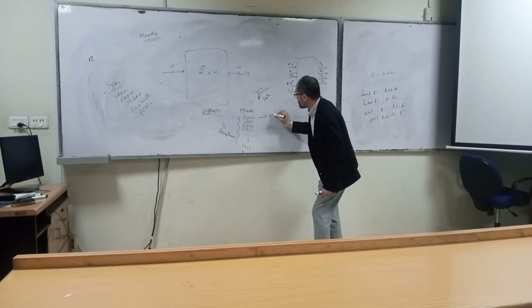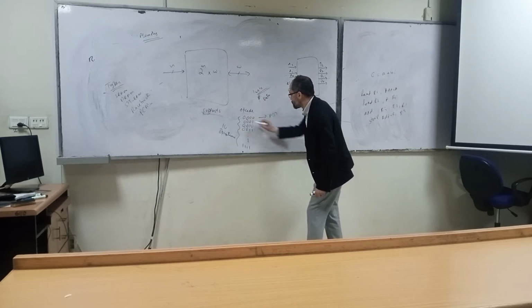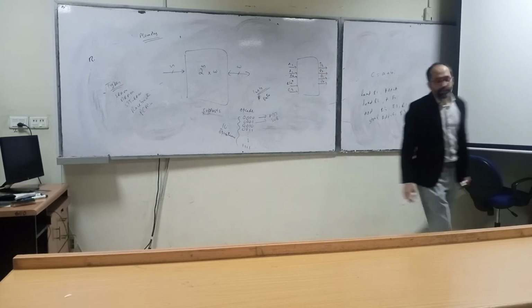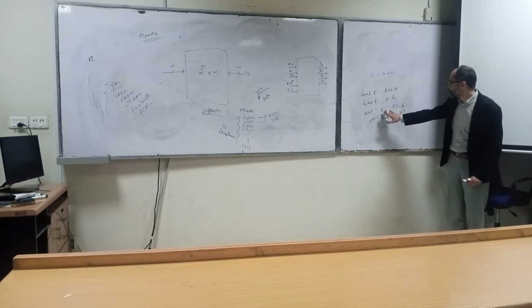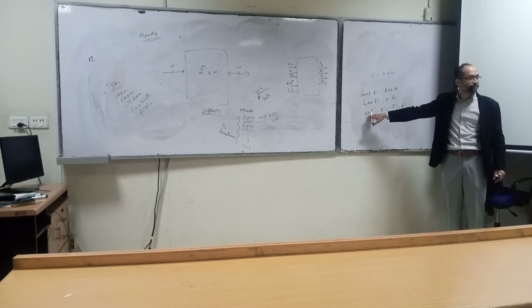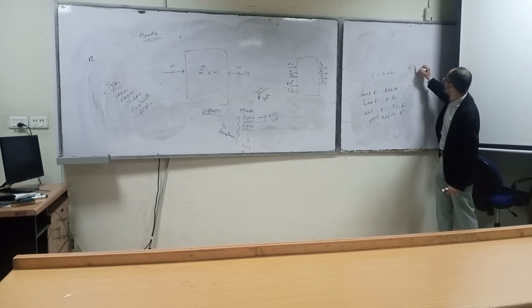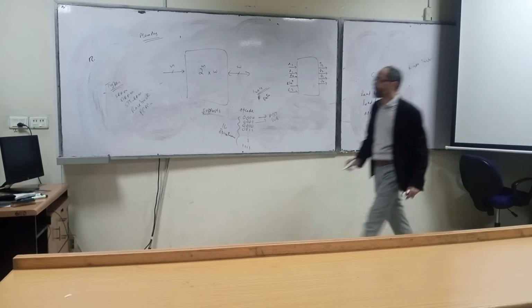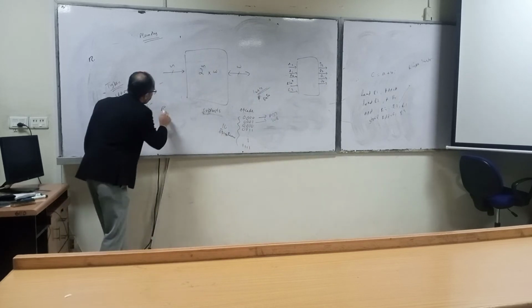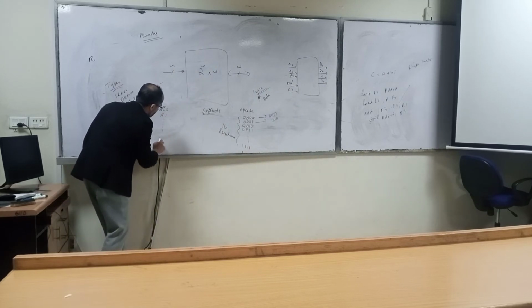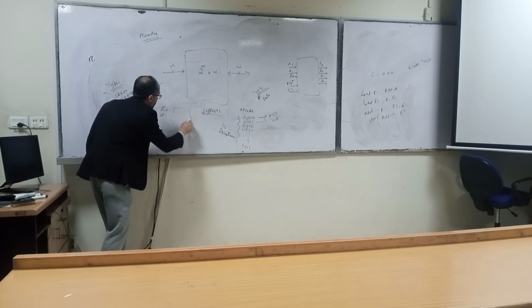The opcode of add is 0000, and let's assume the opcode of subtract is SUB. This type of instruction is called an R type instruction. And let's assume in the microprocessor there are 16 registers starting from R0, R1 up to R15.